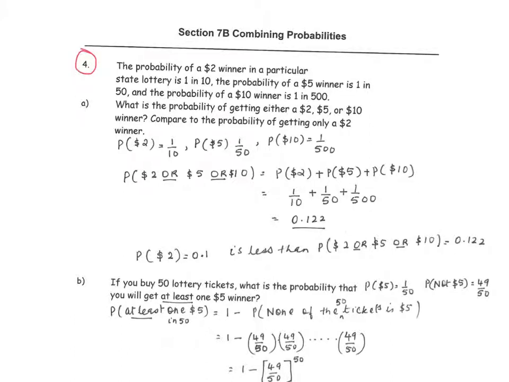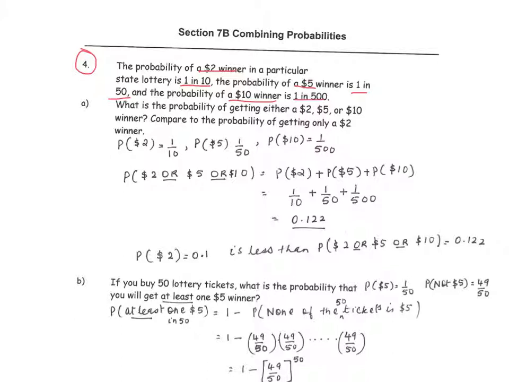The first thing we need to do is make a note of all the probabilities that are given to us. So the probability of a $2 winner is 1 in 10, a $5 winner, 1 in 50, and the probability of a $10 winner is 1 in 500.